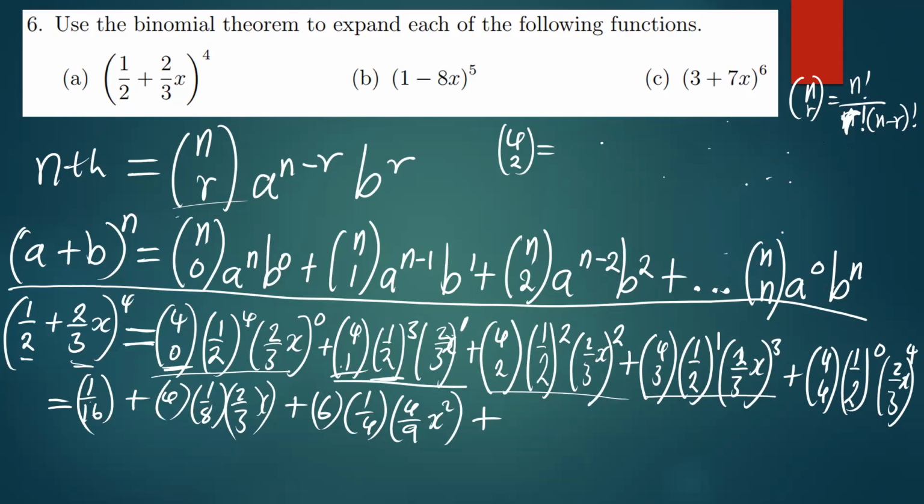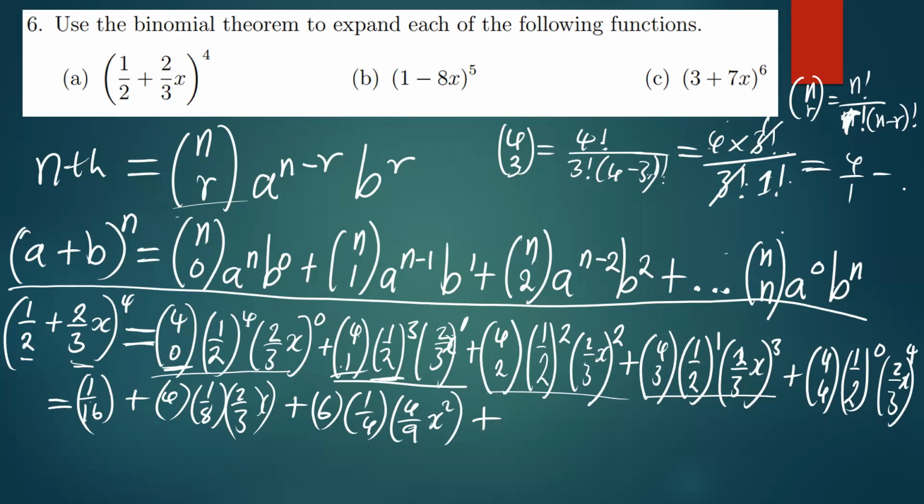So 4 choose 3 is going to be equal to, so we say 4 factorial over 3 factorial, and then 4 minus 3 factorial. So this is going to be equal to 4 times 3 factorial, then everything divided by 3 factorial. 4 minus 3 will give us what? 1 factorial. So 3 and 3 will cancel. 1 factorial is 1. 4 times 1 will give us what? 4 over 1, which is 4.